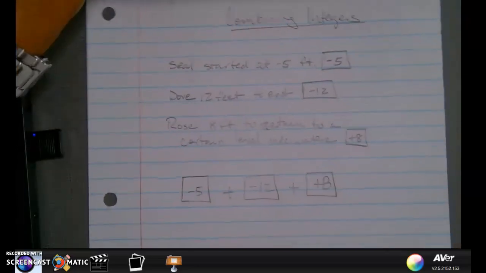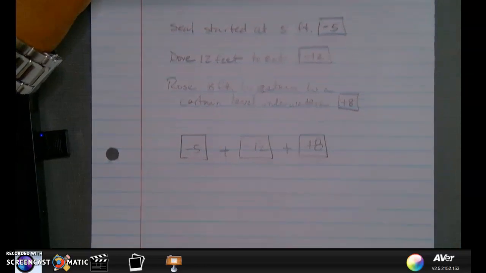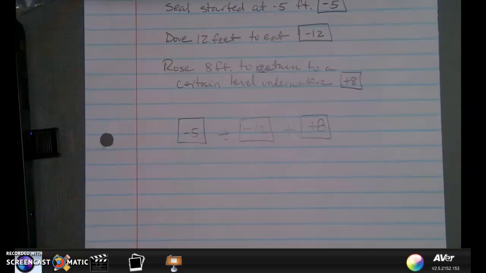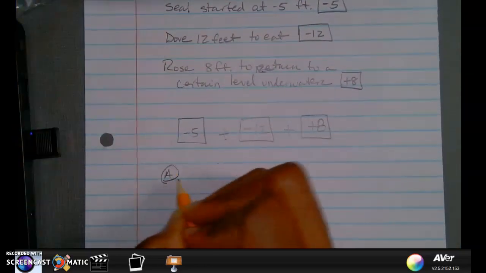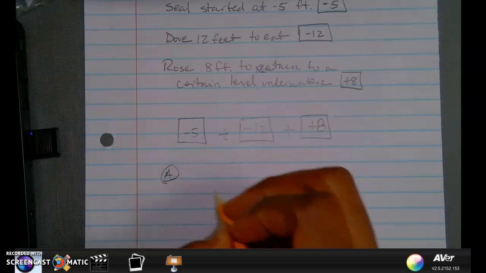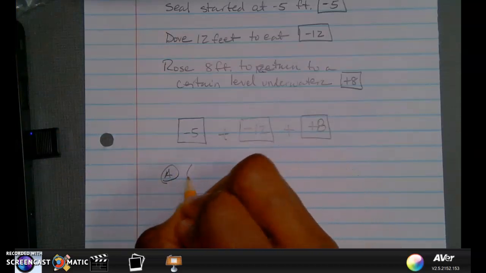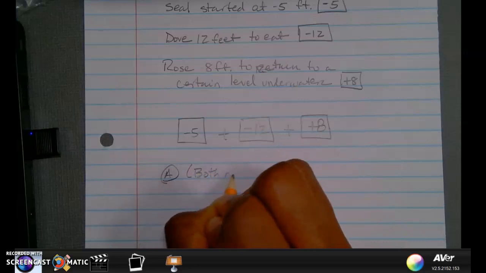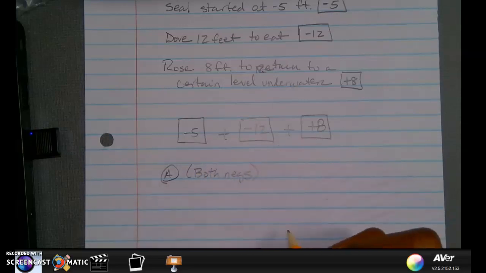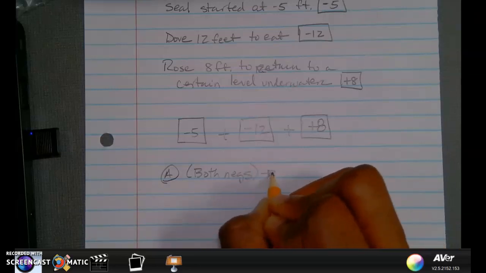So what I want to do is I want to just do this in different steps. So part A says that I'm going to combine all of those numbers. So I want to go ahead and put both of my negatives together. I like to put the signs that are alike together at first. It tends to make a little bit more sense to students.